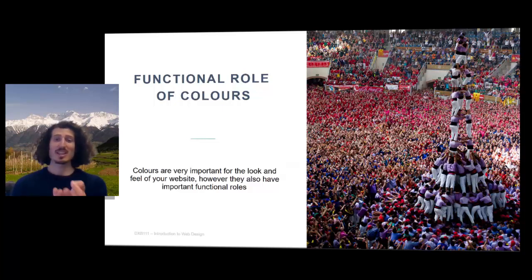And so this is a huge event that takes place each year down in Tarragona, which is the finals of the competition to see who can build the biggest towers. Which is quite an amazing event as a shiny example of what happens when humans work together and the need for diversity to create strength. That's another story. For now though, color lets you see the difference between things as well as making things look beautiful. So it's this function and aesthetics are both present when we talk about color.